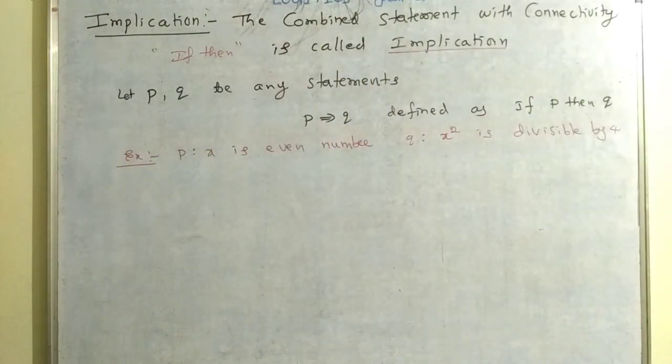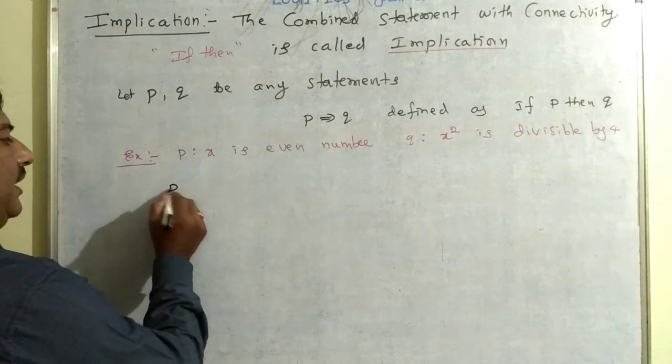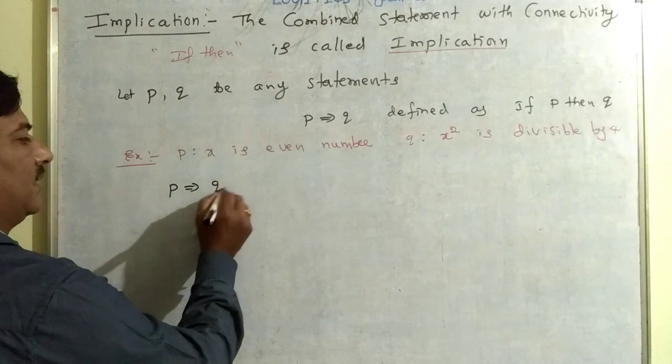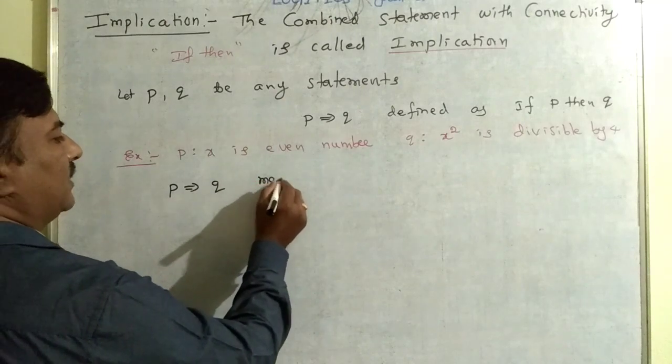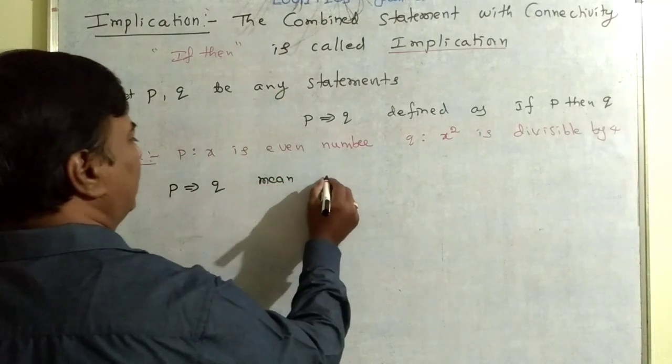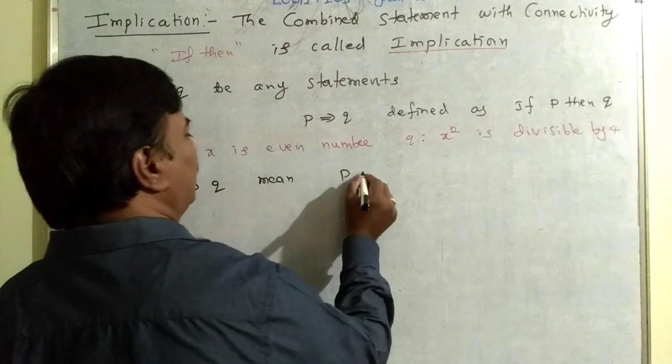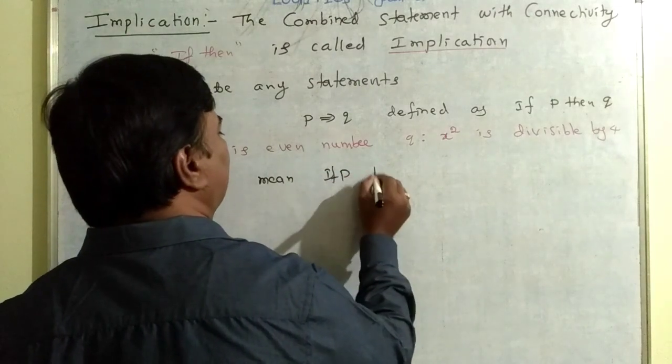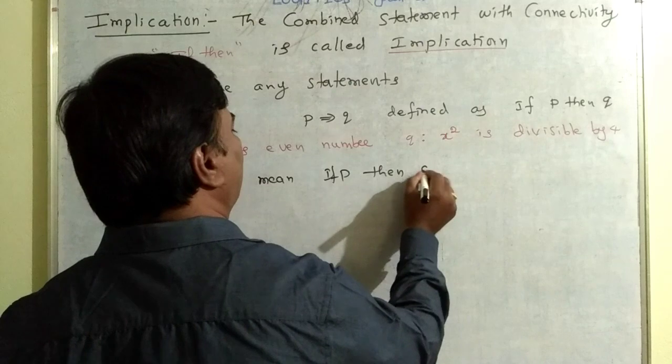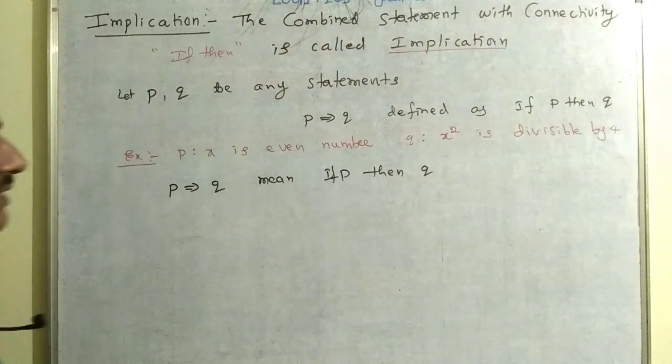Now let us consider this P implies Q, which means if P then Q; if P happens then Q happens.